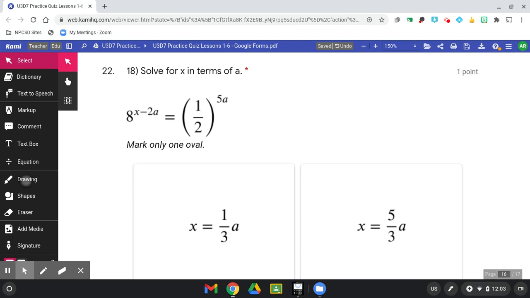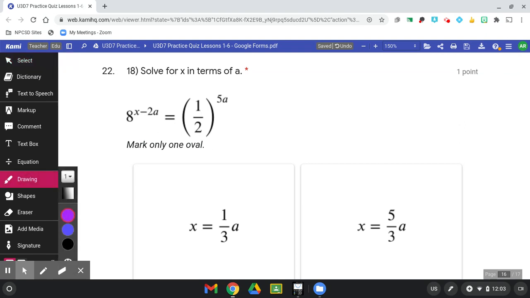Okay, solve for x in terms of a. Now, this is a little bit more challenging because you're not getting a value for x, you're getting an expression for x that includes a, but we're going to go ahead and do it the same way. I want to find a common base between 8 and 1/2. Now, 1 over 2 is the same as 2 to the negative 1.